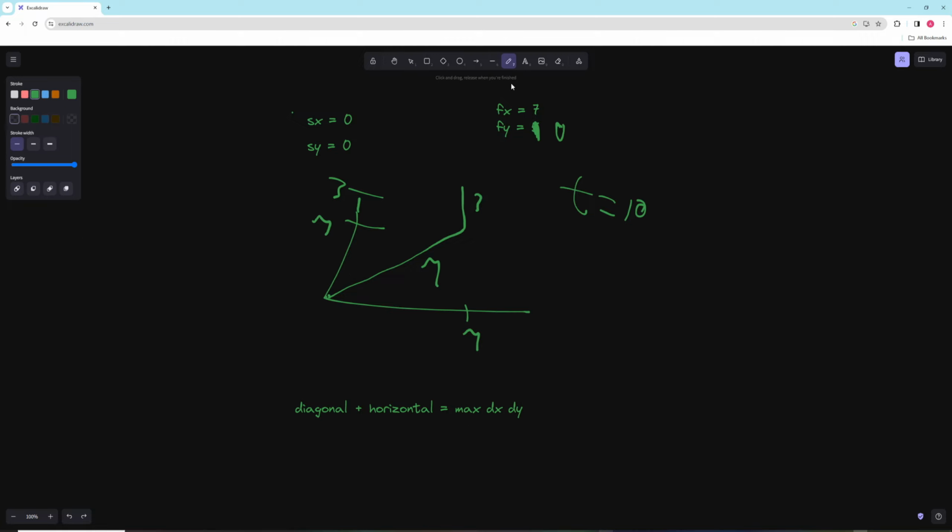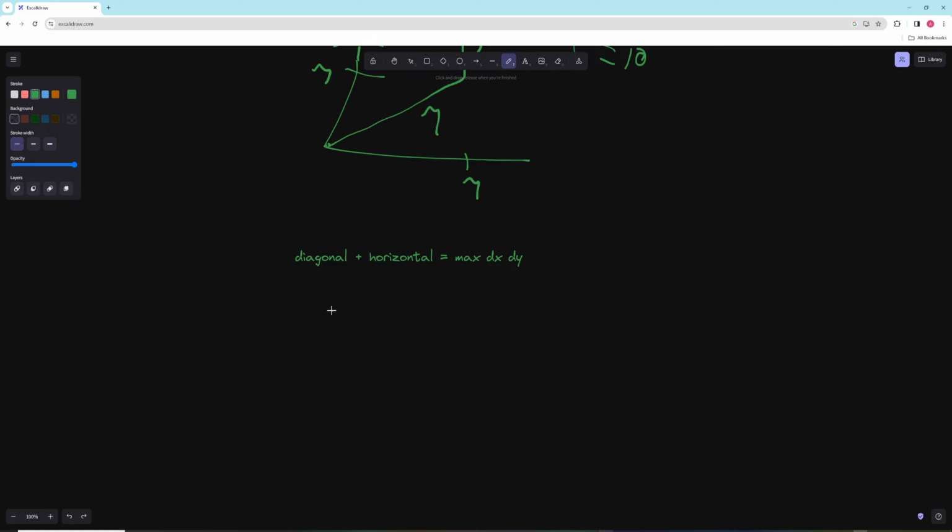And what I mean by dx and dy is, if we have a starting x, starting y, and then a final x, final y, dx is the distance between starting x and final x. So dx equals the absolute value of sx minus fx, right? Just the distance. And then dy is the absolute value of starting y minus final y.